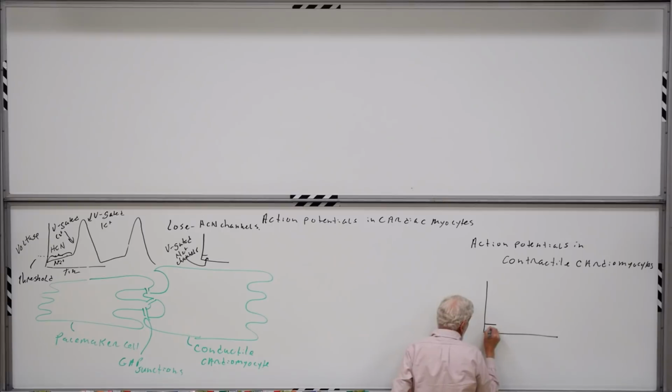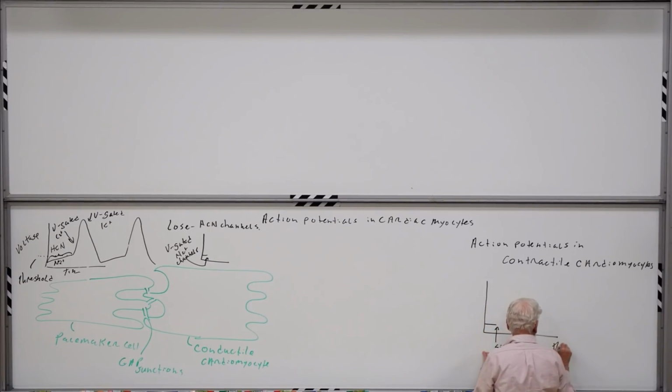There's the resting membrane potential. At this point at the arrow arrives the signal from the Purkinje fiber.